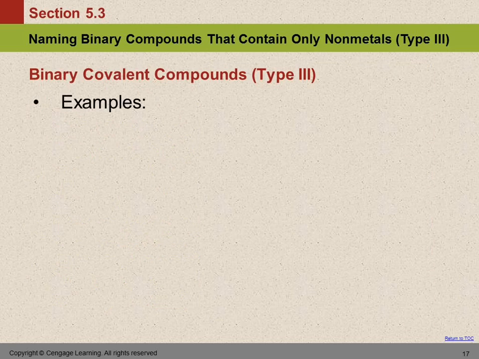So let's look at some examples. CO2. The first thing we have to do is identify what kind of a compound we're dealing with. And we do that by looking at the first element. Up until now, everything we did was ionic. We look at the first element, carbon, and we ask ourselves, is it a metal? We look at the periodic table and we say, no, carbon is not a metal.